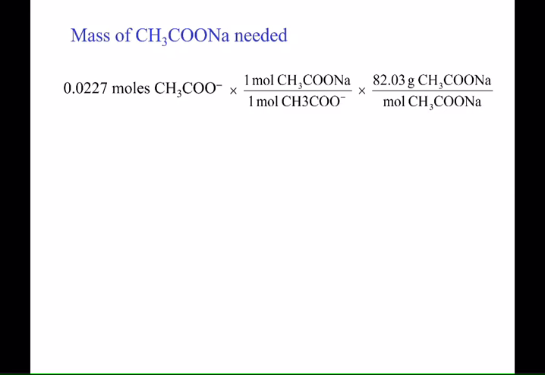In my intro class, we're talking about this sort of calculation from moles to grams. So moles will cancel. We're left with grams of sodium acetate, which is what we need to be left with. Round to 3 sig figs. Looks like you need to measure out 1.87 grams of sodium acetate and add it to your 100 mils of 0.125 molar acetic acid in order to buffer it to pH 5.00.